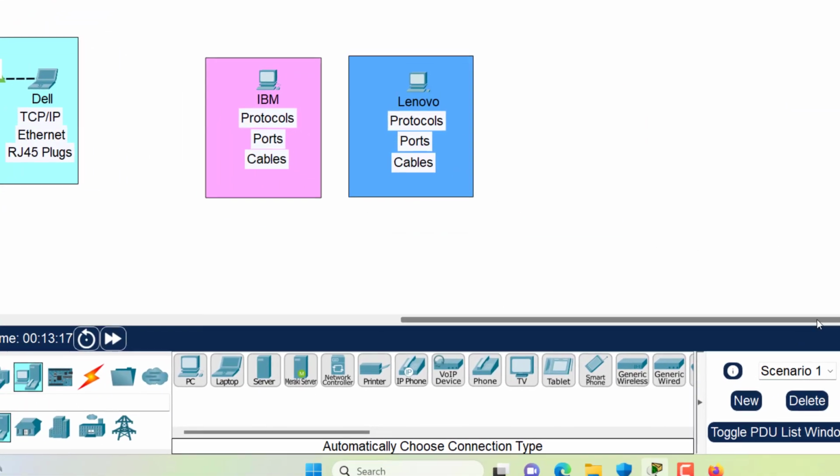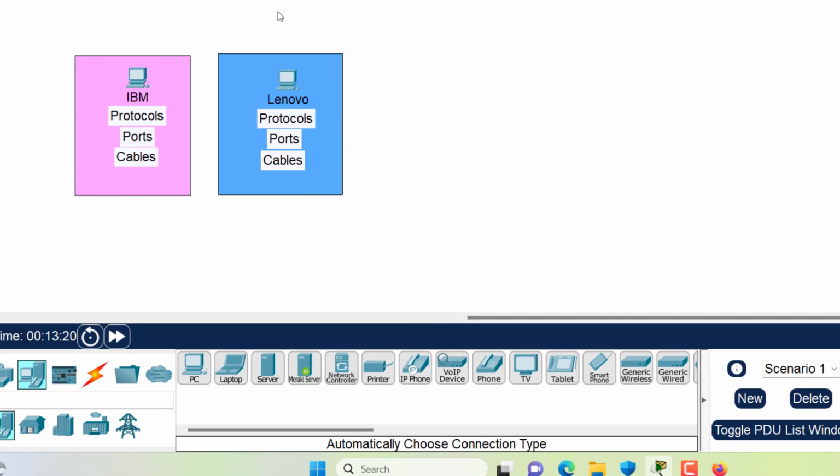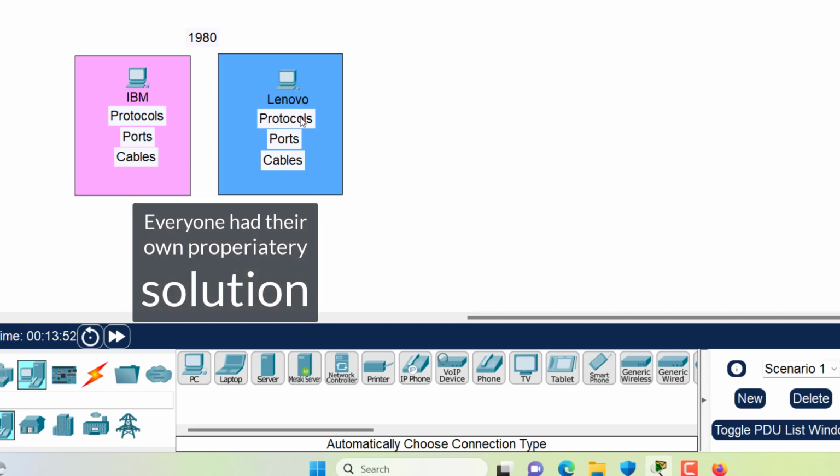Now let's go to another scenario where I have an IBM computer and a Lenovo computer. But imagine that we are not living in 2023, but rather this is 1980. In 1980, IBM was a totally different company from Lenovo, and they would have their own protocols, their own type of cabling, cables, ports and plugs, and Lenovo would have its own proprietary protocols, ports and cables.